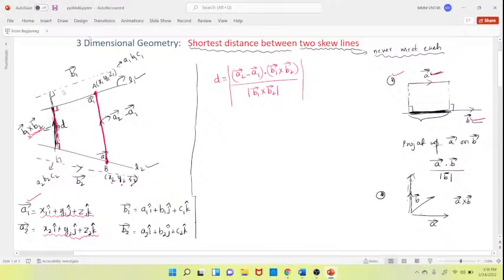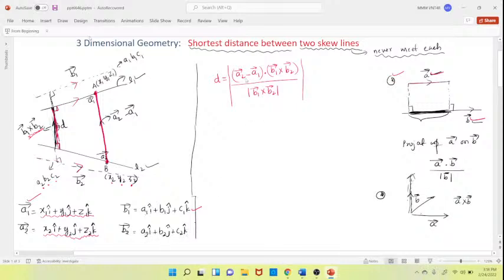And b1 is the vector parallel to the line L1, whose direction ratios are a1 b1 c1, so b1 vector will be a1 i b1 j c1 k. And b2 is the vector parallel to the line L2 whose direction ratios are a2 b2 c2, so b2 will be a2 i b2 j c2 k.